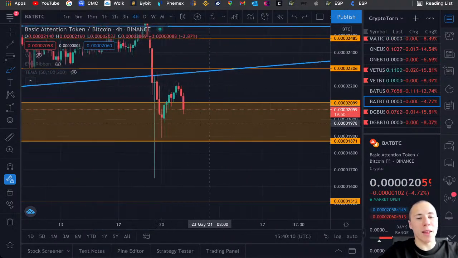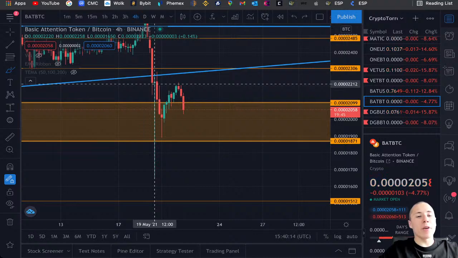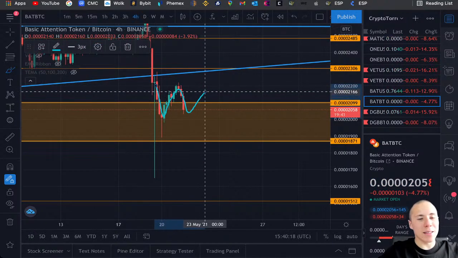And that's why I'm very glad that basic attention token is right now trading above this level.